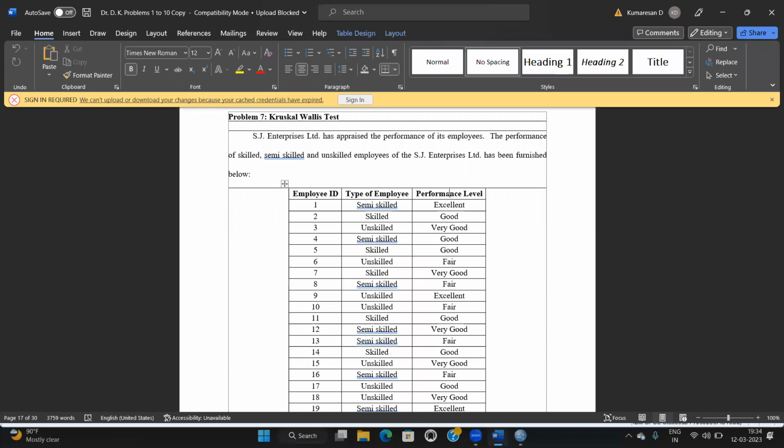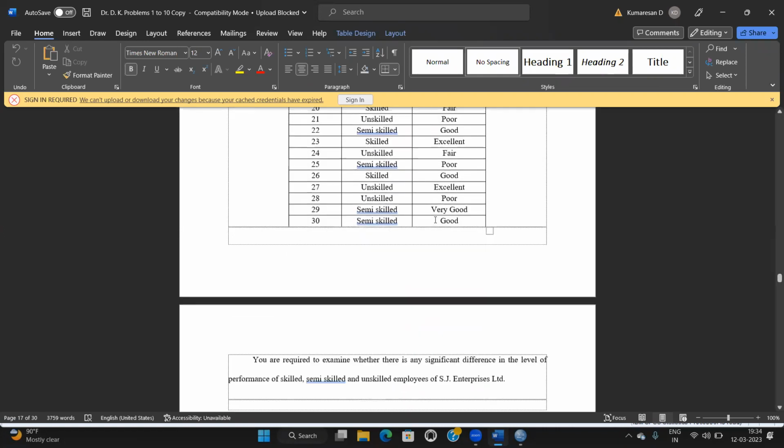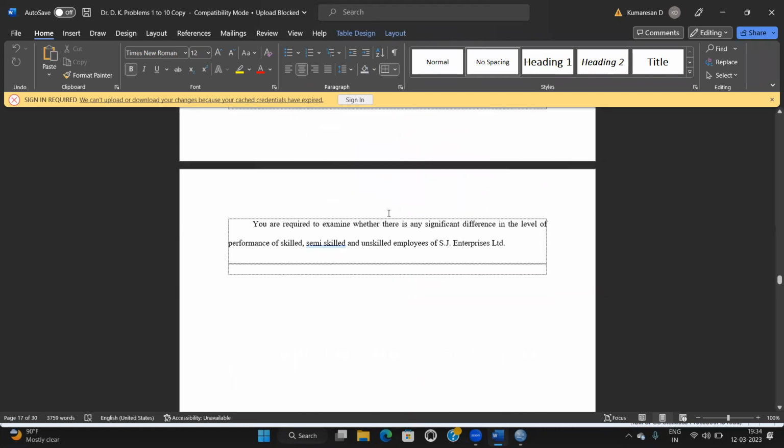So the Kruskal-Wallis test is regarded as the non-parametric equivalent to one-way ANOVA. So look at the question. You are required to examine whether there is any significant difference in the level of performance of skilled, semi-skilled, and unskilled employees.